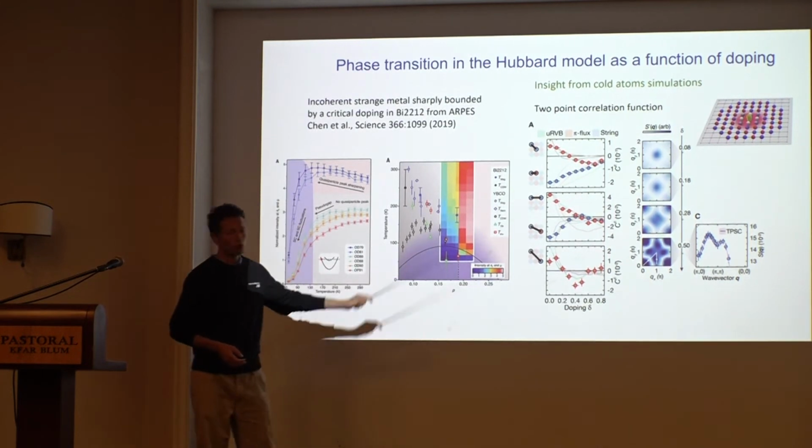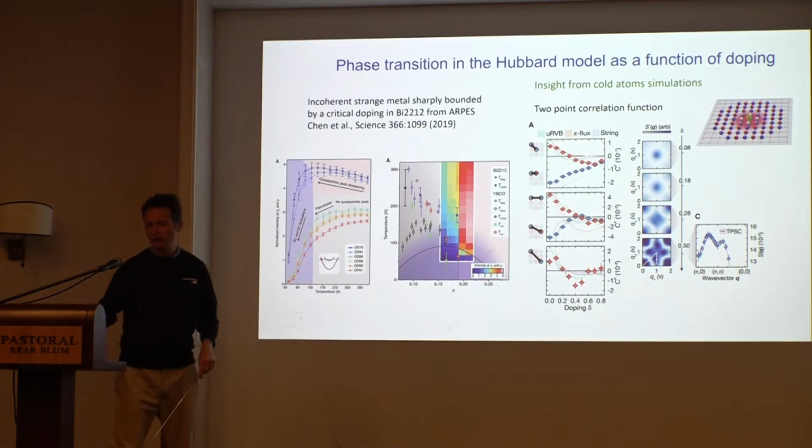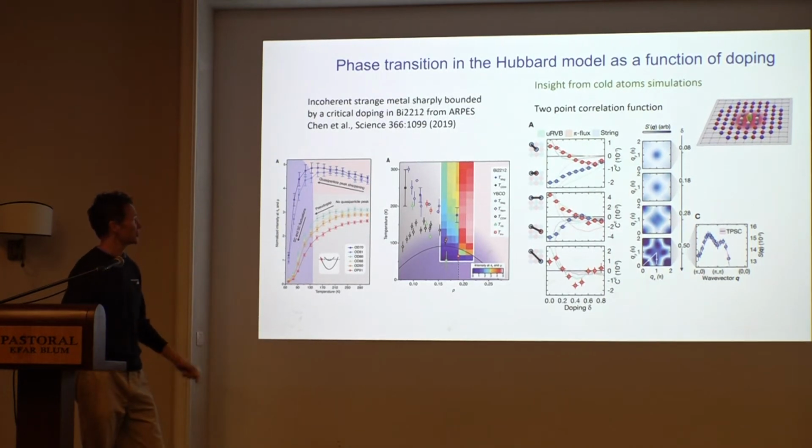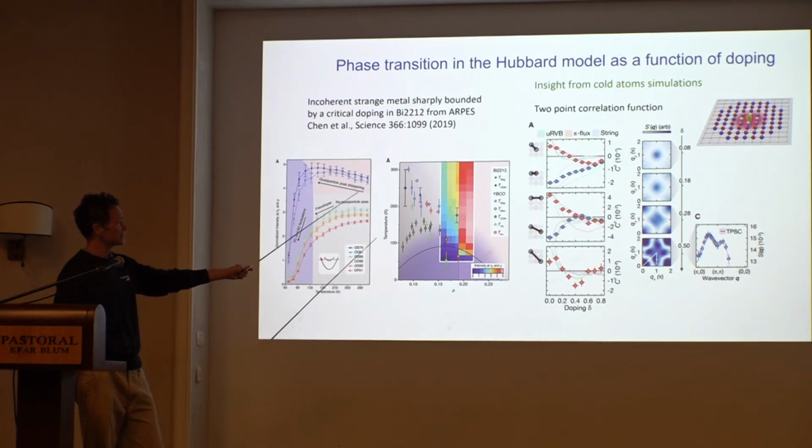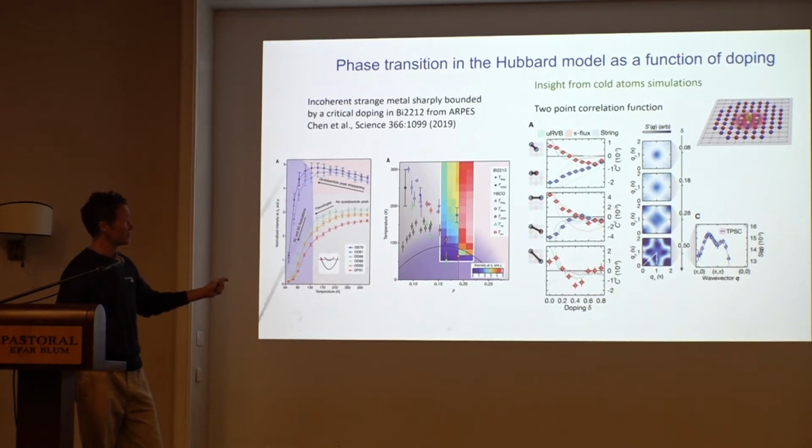So more or less they all converge to the same picture: to the left of, let's say, 30% doping for the Hubbard model, we see a system that can be described as a liquid of polarons that I presented to you earlier, whereas for larger doping, we go to a more traditional Fermi liquid-like description of the system.